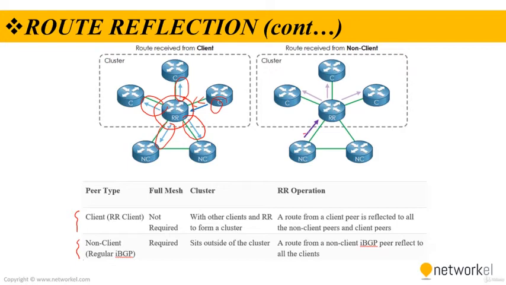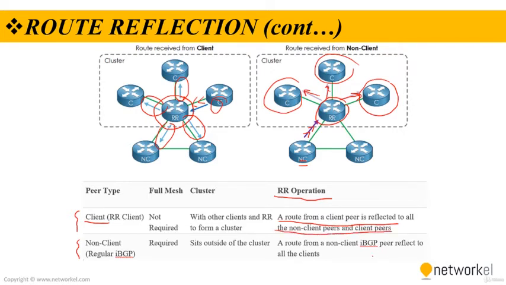But if the route reflector receives a BGP update from a non-client, it is just sent to clients. So when we check the route reflector operation again, when the peer type is client, a route from a client peer is reflected to all the non-client peers and the client peers, and a route from a non-client IBGP peer is reflected to all the clients.